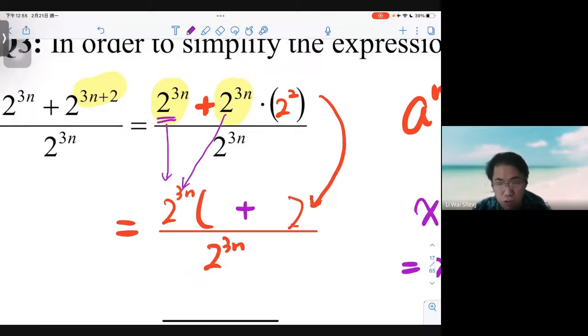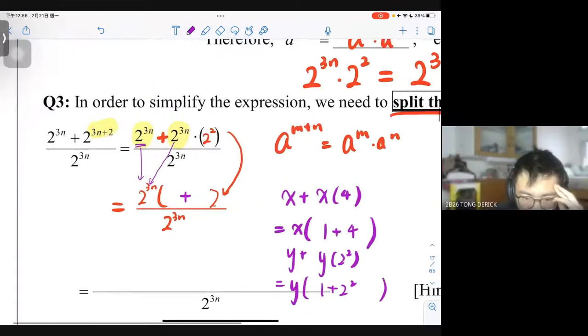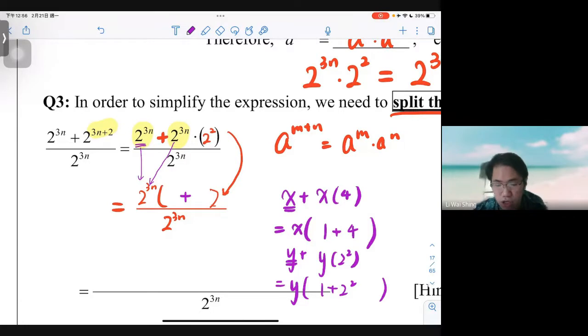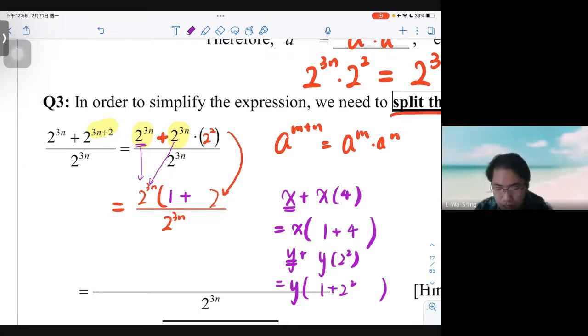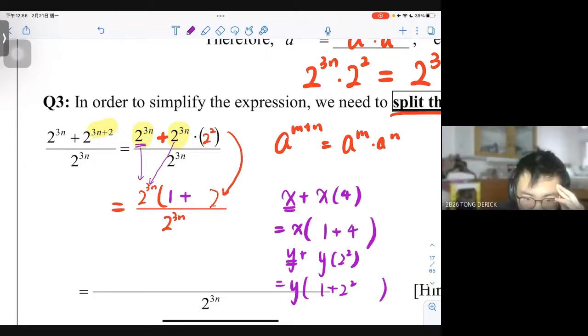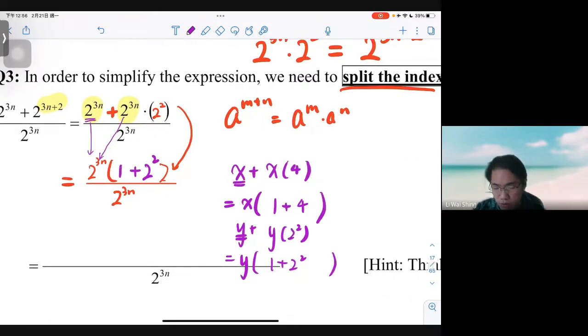If I take out 2 to the power 3n, what should I leave in the bracket? 2. Still 2. 前面大家都係得一粒啫，自己攞出嚟會剩低咩啊？1 plus 2 square. 2 square, very good. Okay, when you take out yourself, you leave a 1 in the first place.